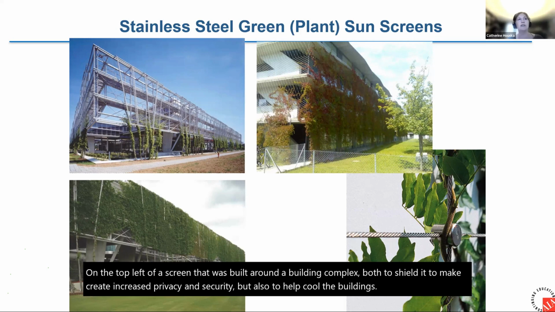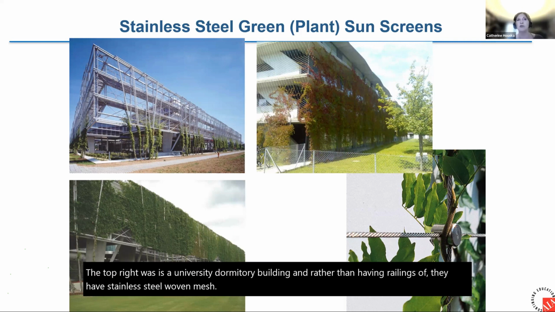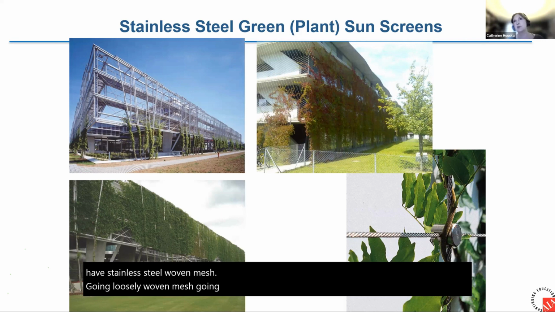The top right is a university dormitory building. Rather than having railings, they have loosely woven stainless steel mesh going up the side of the building. Plants are growing on it.